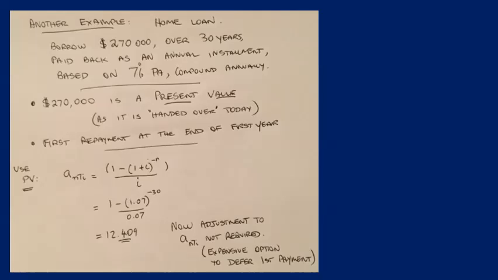We've got here another example. This is a home loan, more of a realistic scenario in terms of a long-term commitment. Home loans for $270,000 over 30 years. We're going to work on it as an annual instalment, paying it back, at a typical interest rate of around 7%.